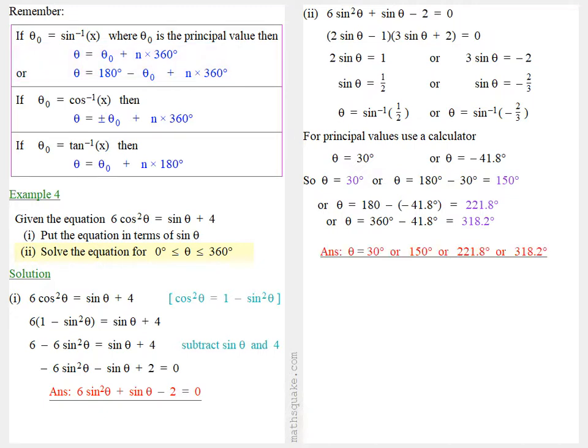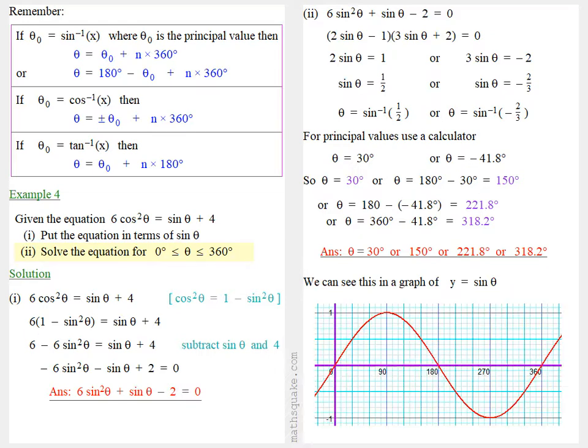Theta could equal 30 degrees, or it could equal 150 degrees, or it could equal 221.8 degrees, or it could equal 318.2 degrees. Now we can see this on the graph of y equals sine x. If we draw the graph and then draw a line horizontally across at y as a half, we see it crosses the curve at 30 degrees and it crosses the curve at 150 degrees.